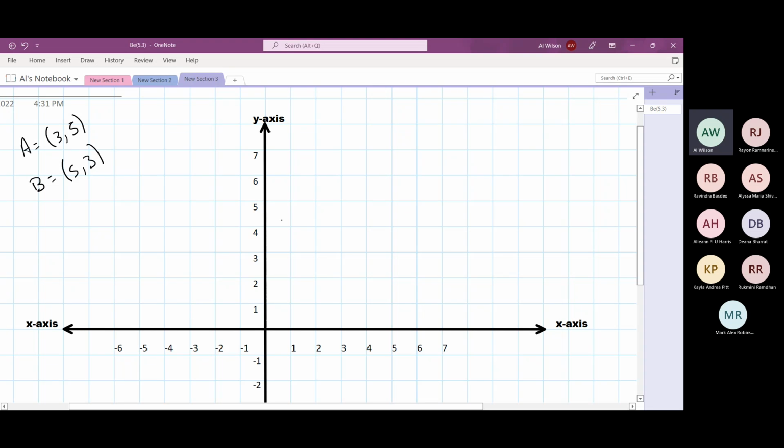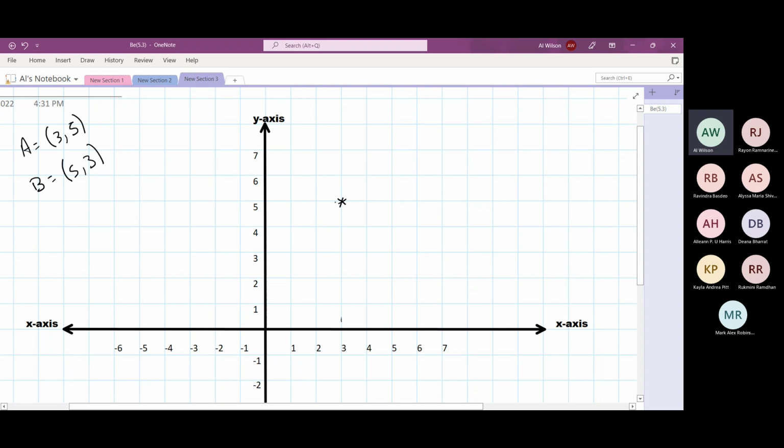So what is point A? We see it's 3, 5. So I'll look for 3 on the X, which is here. Move 3 on the X, 5 on the Y, and then you see what else the star was telling you that you can do.